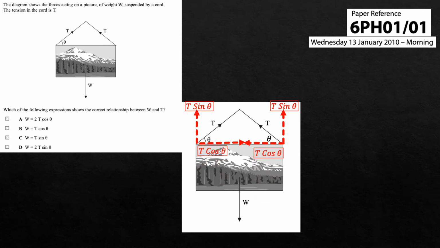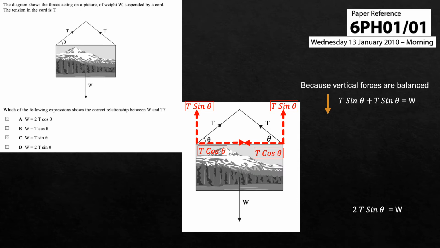Since the picture is vertically balanced, all the vertical forces acting upwards should be equal to the forces acting downwards, and therefore T sine theta plus T sine theta equals the weight, and therefore 2T sine theta equals W. Therefore the answer is D.